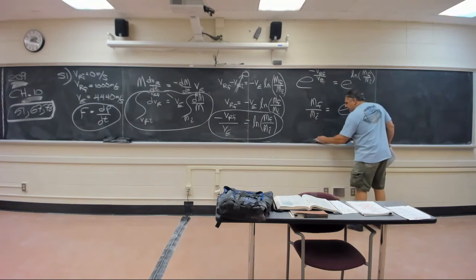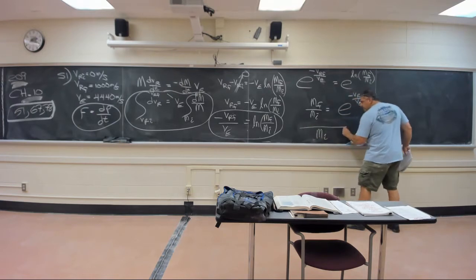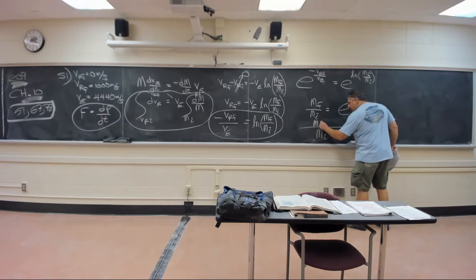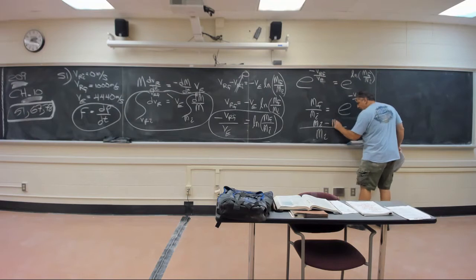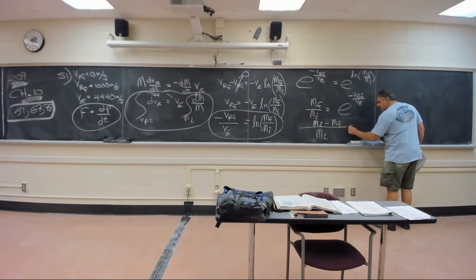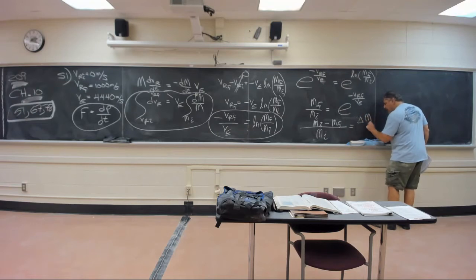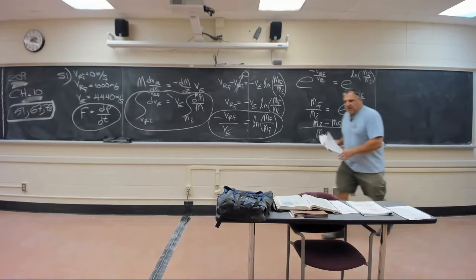The initial is the big one on the bottom. You start with MI, you end at MF. MI is bigger than MF. You write it like that. That's the same as delta M over MI.